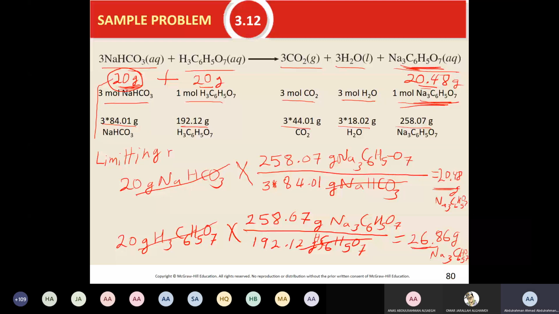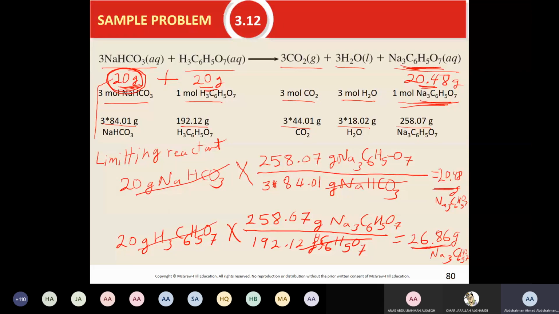Why? Because if I have 20 gram, it needs more than 20 gram of this one to make the reaction complete, but the 20 gram will produce only 20 gram of this one. The 20 gram of this one, if it reacts with a lot of this one, it will produce 26 gram of this one.